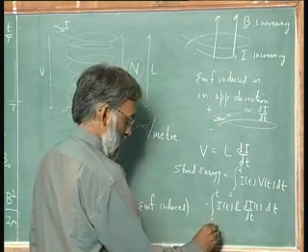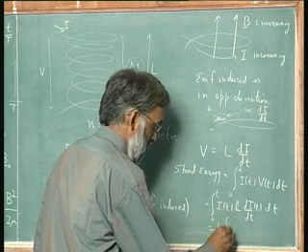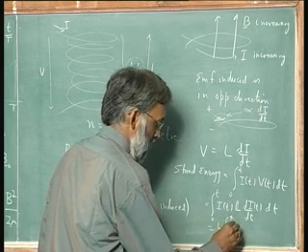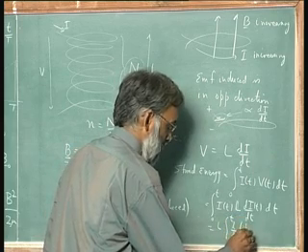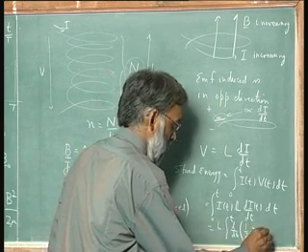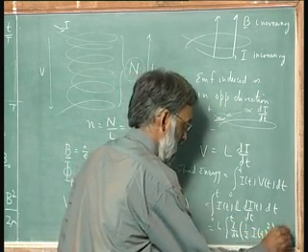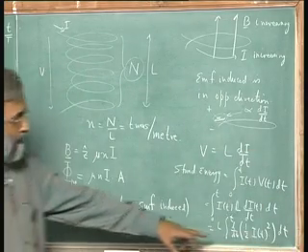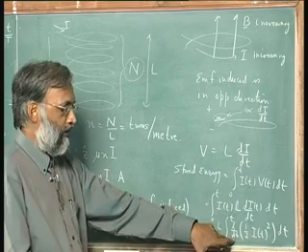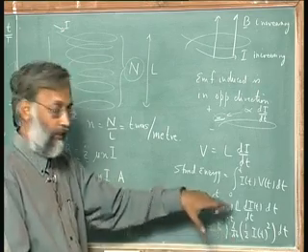This gives me the integral from 0 to t of d/dt of 1/2 I(t) squared dt. And this of course is a total derivative integrating from 0 to t.